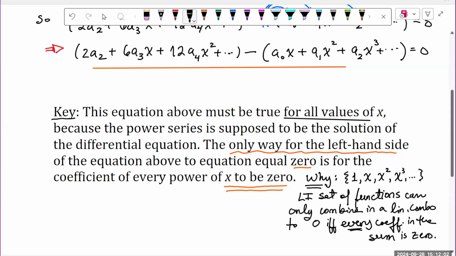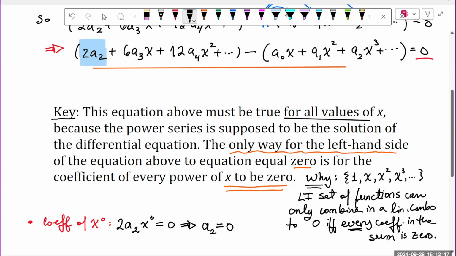Okay, so let's look at each individual coefficient in the sum. The first thing we have is the term that does not have an x with it. So it is the constant term. If this is going to have a hope of summing to 0, then our constant term has to be set equal to 0. So the coefficient of x to the 0 formally is 2a sub 2, and that has to be 0, which of course means that I now have a value for a sub 2, which is 0.